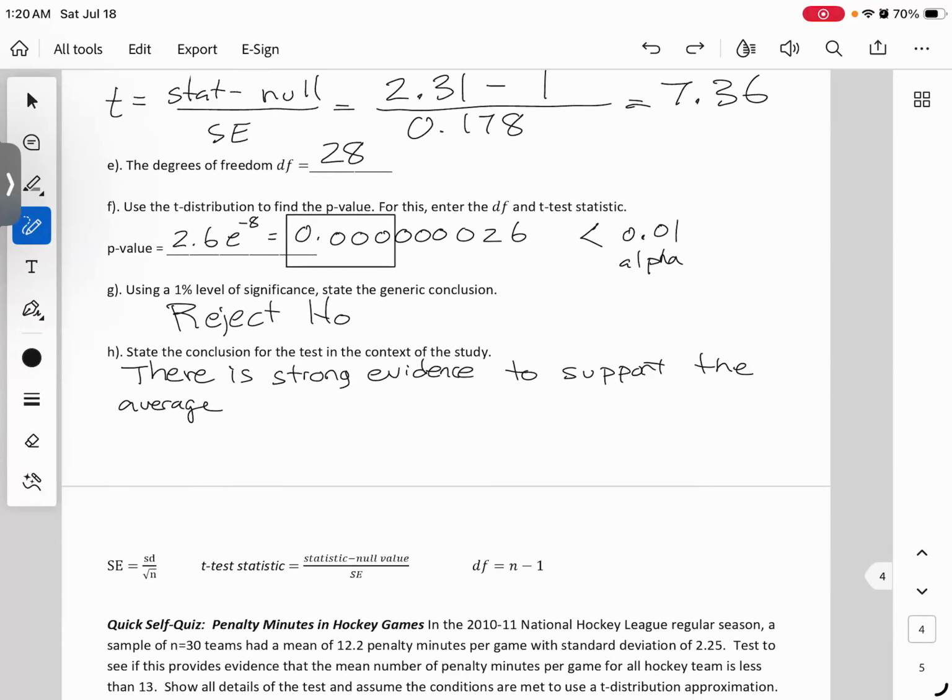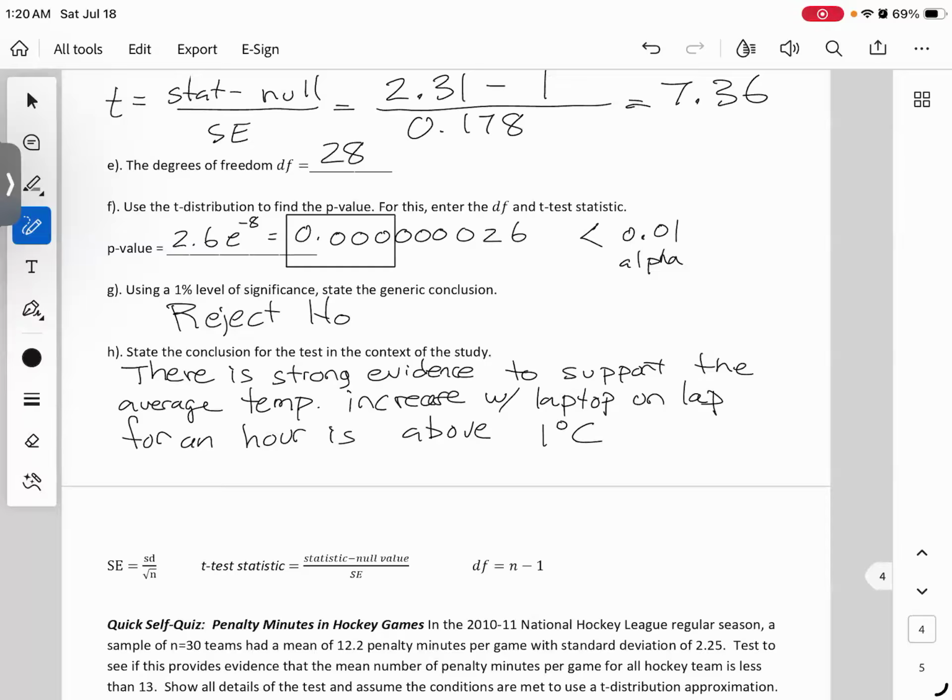So don't skip out on the context. Make sure you get a good, healthy amount of what the study was about in there to support that the average temperature increase with laptop on lap for an hour is above 1 degree Celsius.